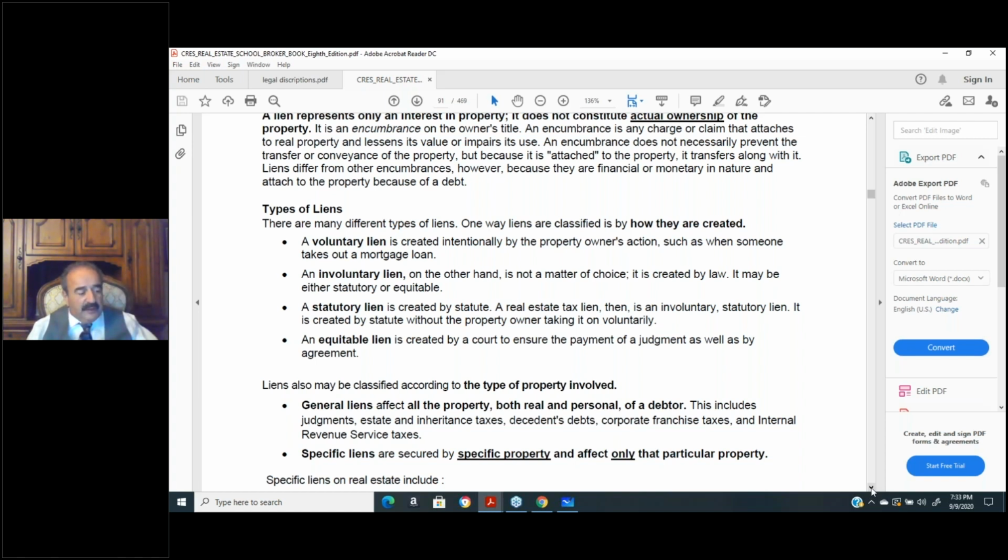Equitable. The word equitable means it's fair. It's equal. That's what it means. And usually, an equitable lien is what's rendered by the court. Let's say you and I got into a fist fight. And during the fight, maybe I broke your little finger. And you take me to court and you're going to sue me for $5 million because I broke your little finger in a fight that we had.